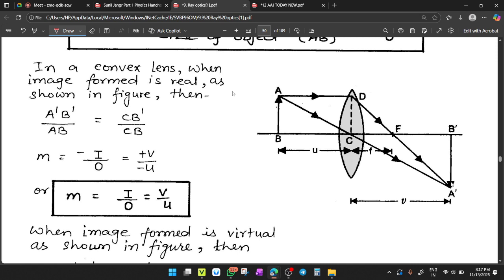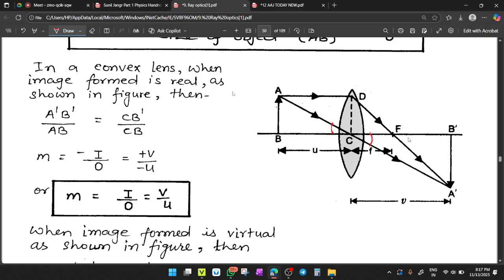Now in a convex lens, when the image formed is real, as shown in the figure, use the concept of similarity in these two triangles. So A dash B dash upon AB, perpendicular upon perpendicular, equal to base upon base. So A dash B dash upon AB, this is the ratio for perpendicular, and this is equal to CB dash upon CB, right?